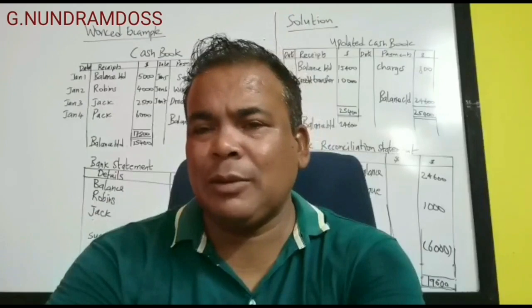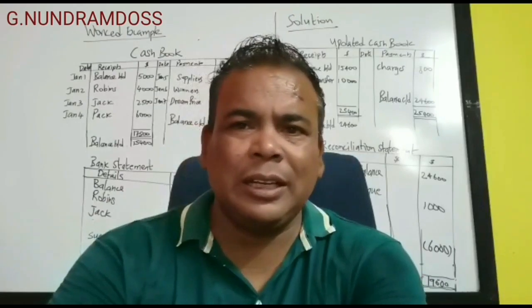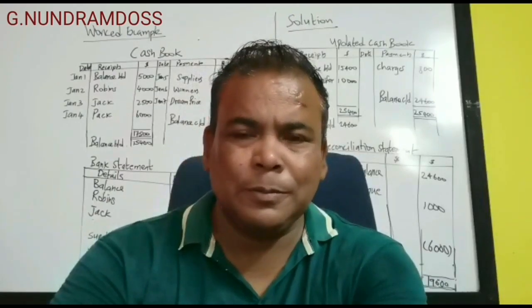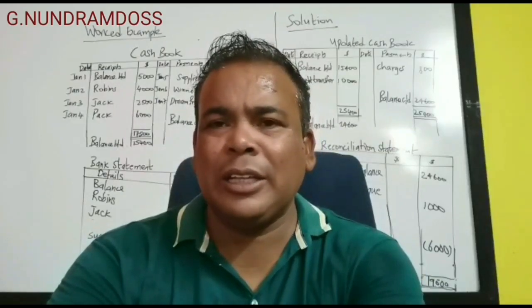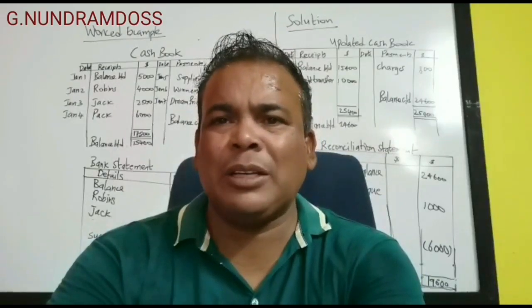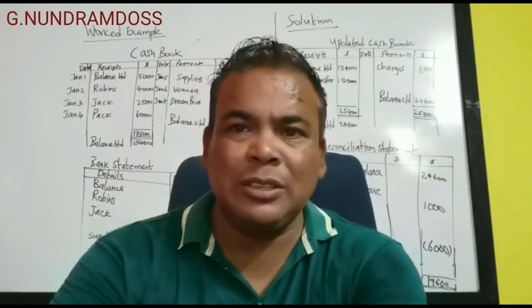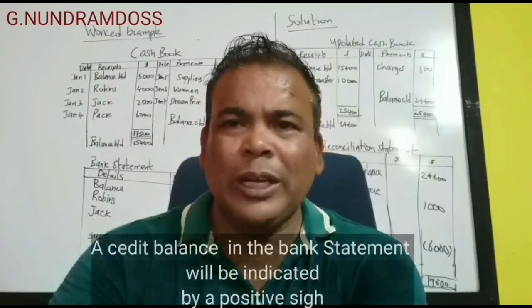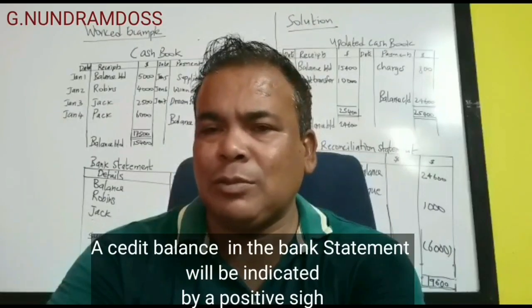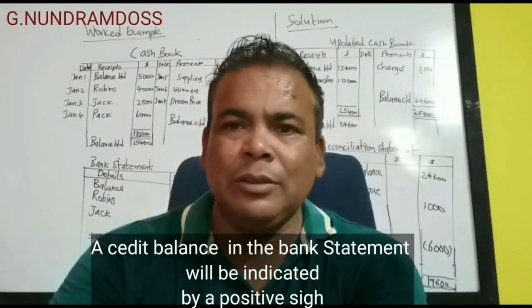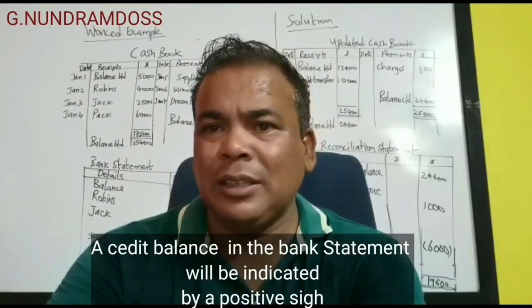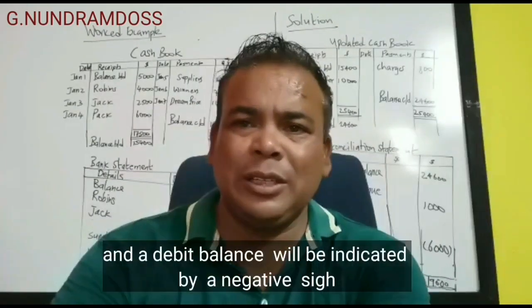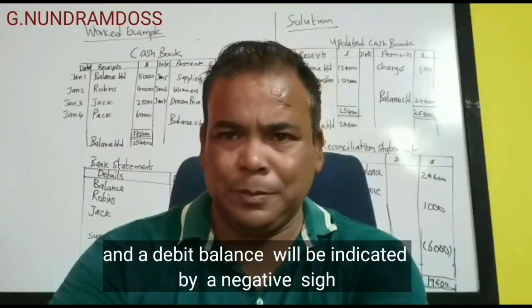A credit balance in the bank statement indicates that the business has cash at bank, and a debit balance in the bank statement indicates that the business owes the bank. So a credit balance in the bank statement will be indicated by a positive sign, and a debit balance in the bank statement by a negative sign.